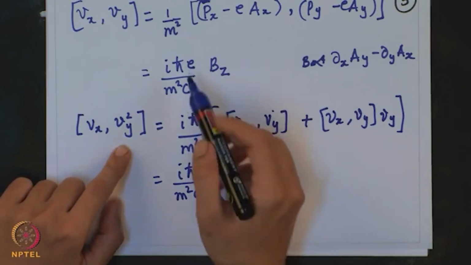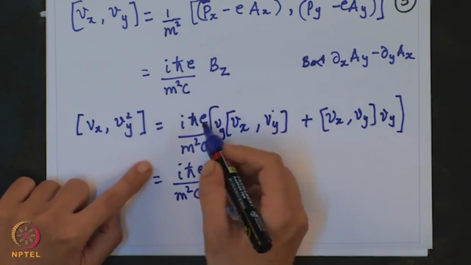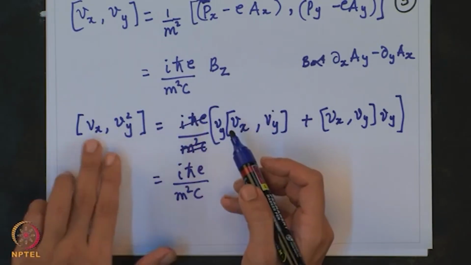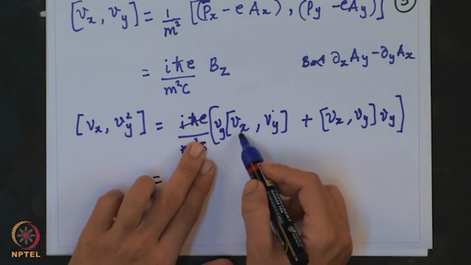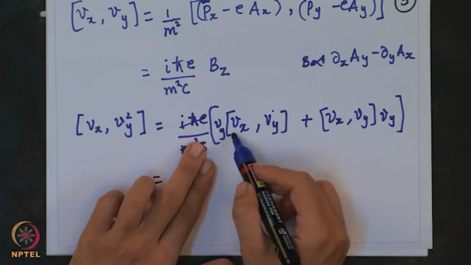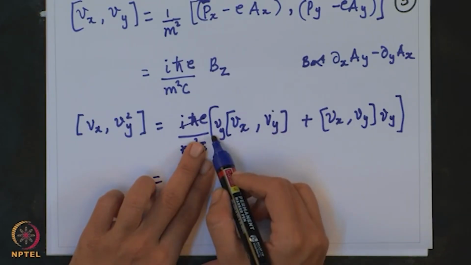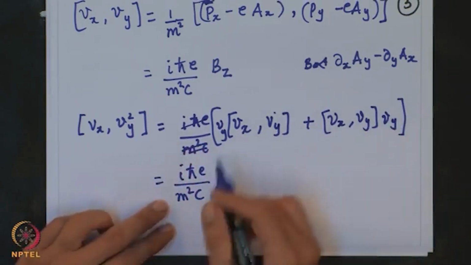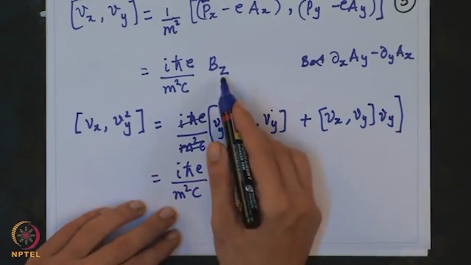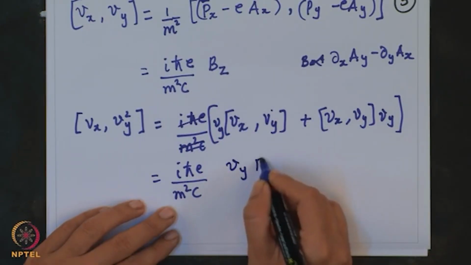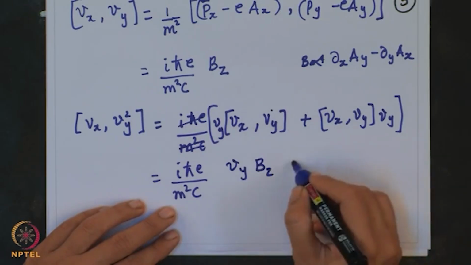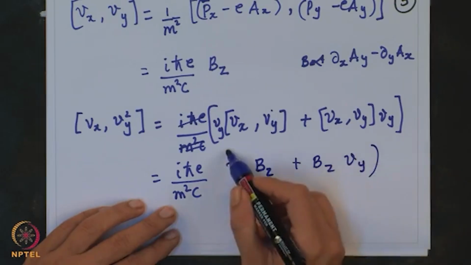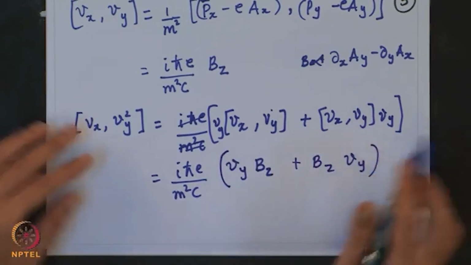Okay. This will be written as V_y [V_x, V_y] plus the commutator of V_x, V_y with V_y on the right. So, after substitution you get V_y B_z, this will give me B_z plus B_z V_y, okay. This is what you obtain on substitution.